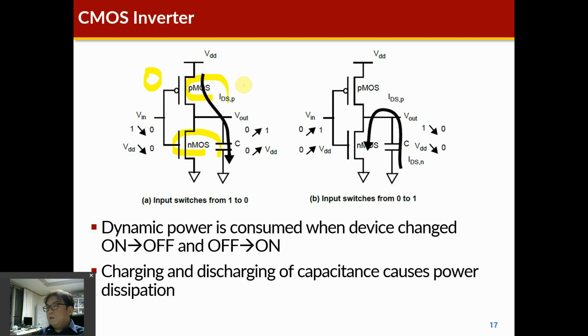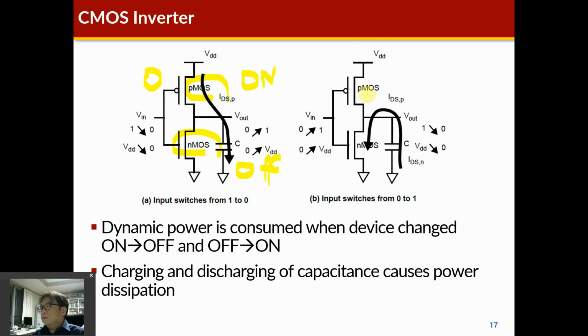Then the PMOS is turned on, and the nMOS is turned off. So in this case, this switch is on, this switch is off, and this capacitance is connected to the VDD. So if the capacitance is connected to the VDD, then this capacitance is charged.